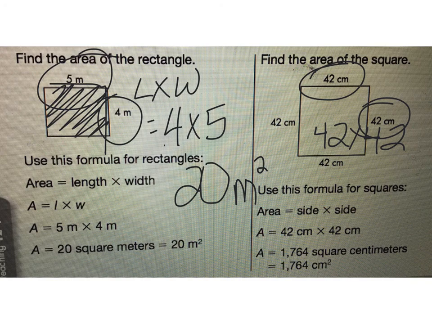Okay, still working, hopefully. You're not going to know the answer to 42 times 42 in your head. You have to write it down. Have you written it down? Do it now. If you haven't, write it down. Solve it. 42 times 42.